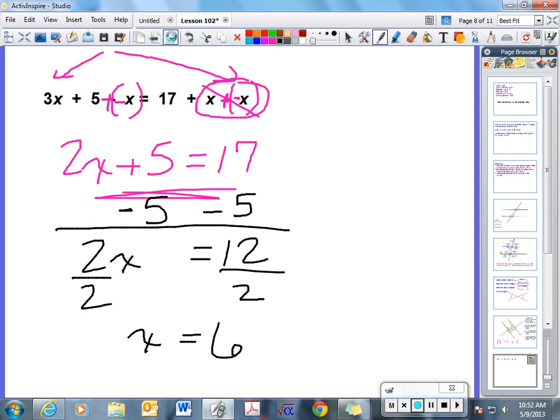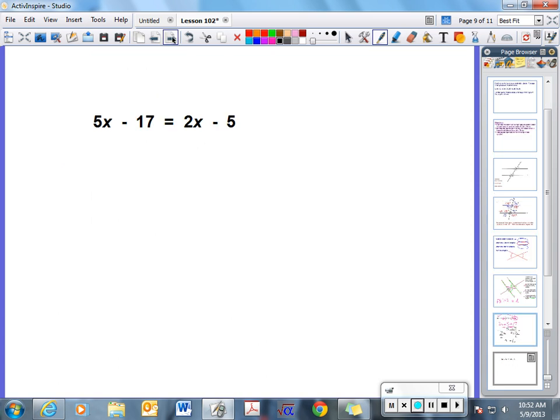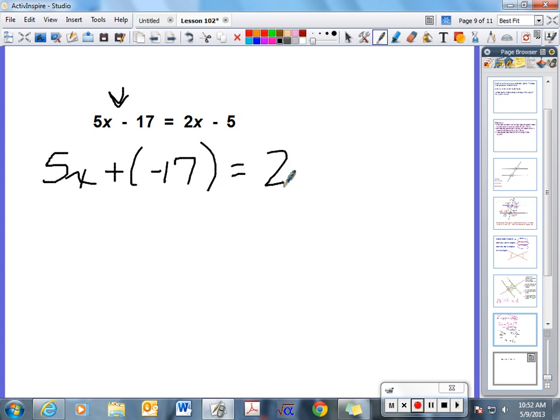All right, let's take a look at a little different scenario. I'm going to rewrite this. This will be like the copy from your book, and when you rewrite it, I would just go ahead and change it to add the opposite right away. We seem to be doing better when we do that. Add the opposite of 5, which is negative 5. All right, now, this time my x's aren't going to cancel out over here on the right side.